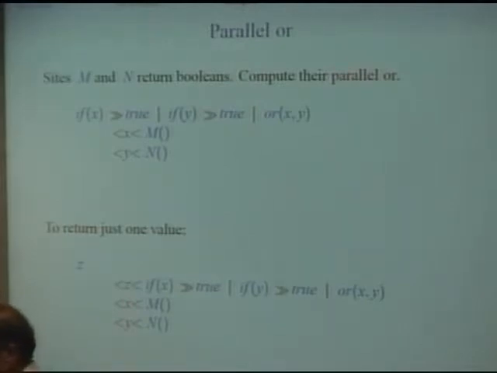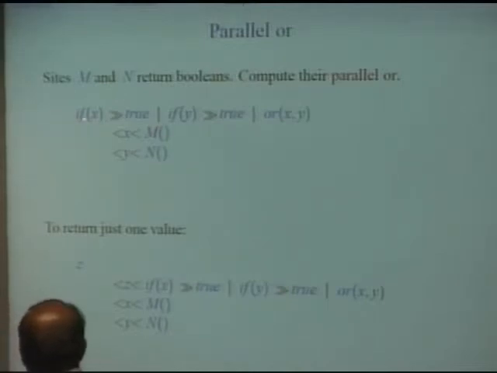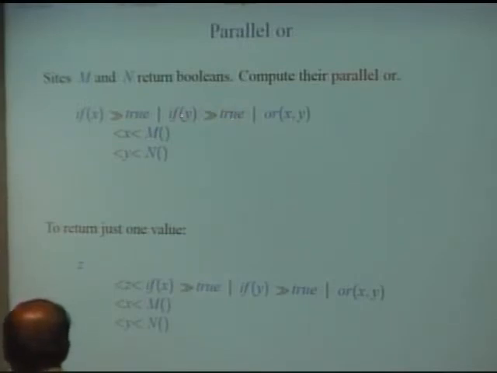You see that if suppose M responds with a true, then immediately this branch will publish a true. Suppose M responds with a false, then this is silent, it won't publish anything. But maybe Y will come through and it's true, and then this is going to publish. But then this is also going to publish, because OR of X and Y can now be computed, so it will publish.